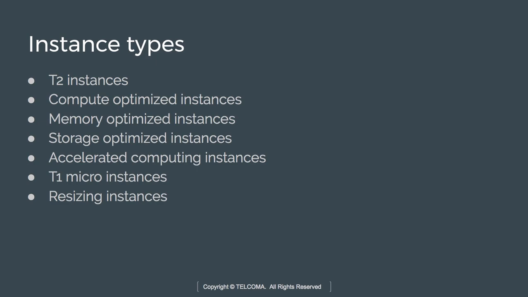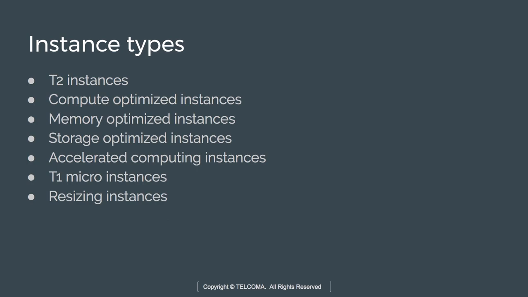Then we have accelerated instances. These require high processing capability. You will benefit from using accelerated computing instances, which provide access to hardware based compute accelerators such as graphics processing units, GPUs, or FPGAs, field programmable gate arrays. Then we have T1 micro instances.